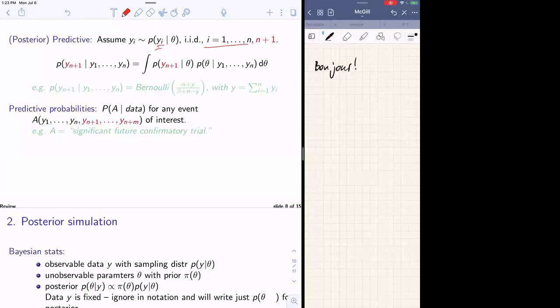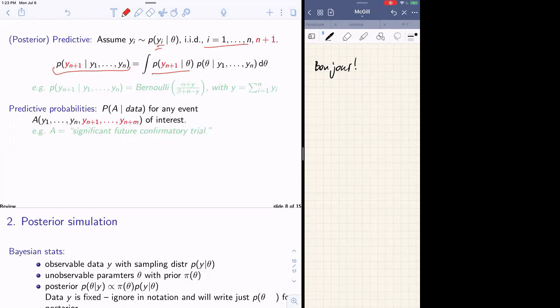Then the question arises, given the first n observations, can we predict the n plus first one? That distribution is known as the posterior predictive distribution. It is simply the sampling model for the next observation when you marginalize with respect to the posterior distribution on the unknown parameter.